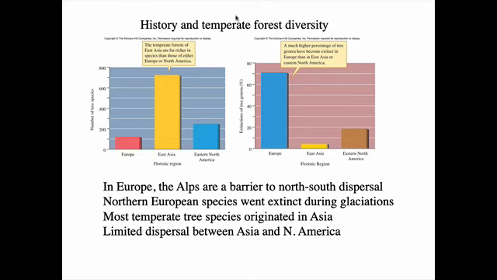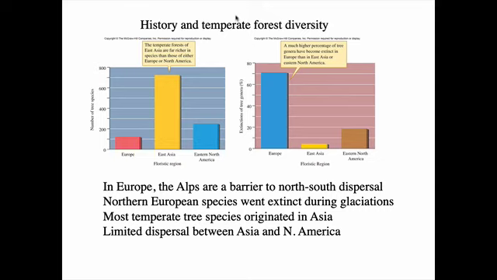Most temperate species originated in Asia. They can't get to North America that easily, though, because there's an ocean in the way. So, two historical accidents here. One, Europe, during glaciations, tends to lose a lot of species in their forests.